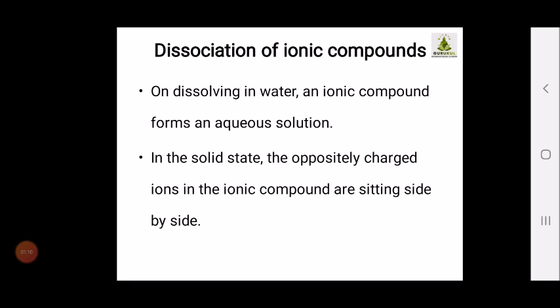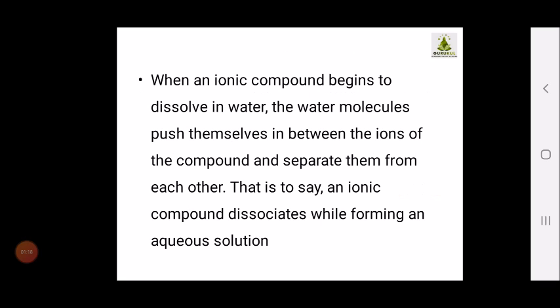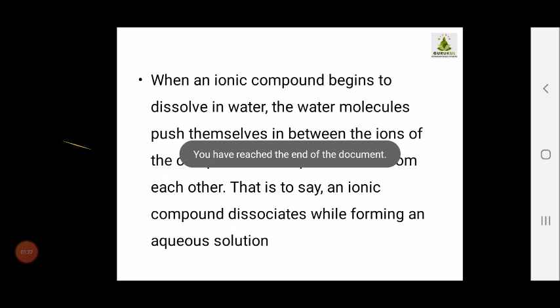In the solid state, the oppositely charged ions are sitting side by side. But when the ionic compound begins to dissolve, the water molecules push themselves between the ions of the compound and separate them from each other. This is to say that an ionic compound dissociates while forming an aqueous solution.